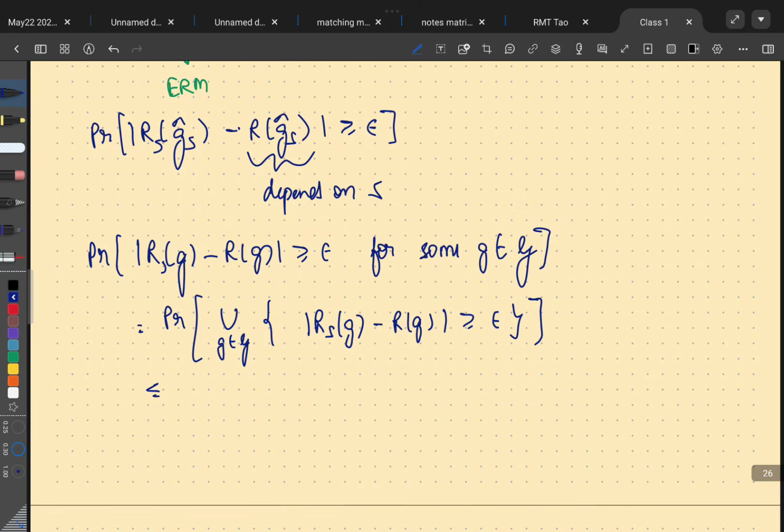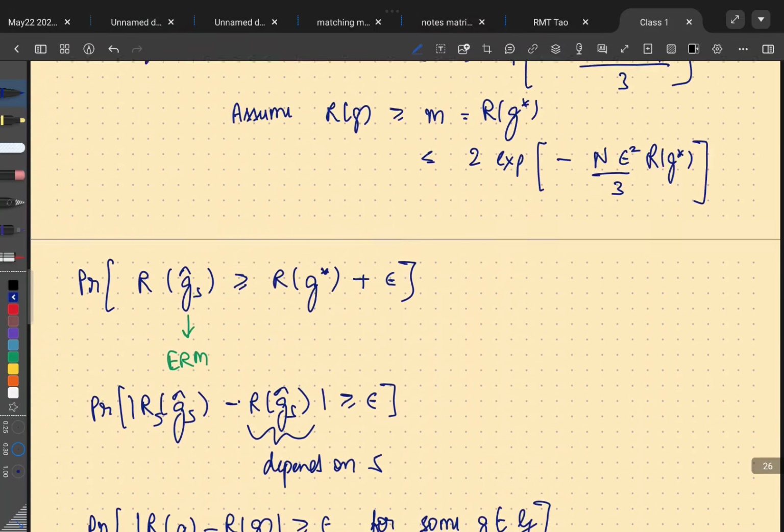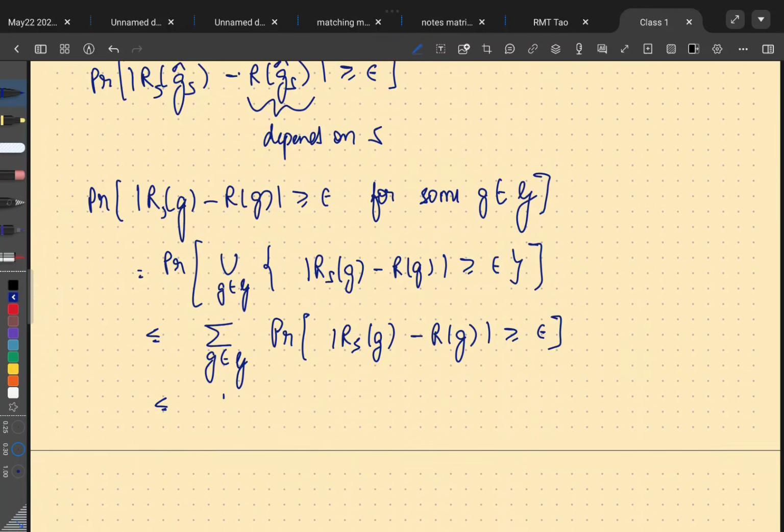Now I can use the union bound to say this is less than or equal to the summation over all G in G of the probability that it is greater than or equal to epsilon, which from my Chernoff bound previously, I can bound by size of G times 2 times e to the minus n epsilon square R of G star by 3. Correct?